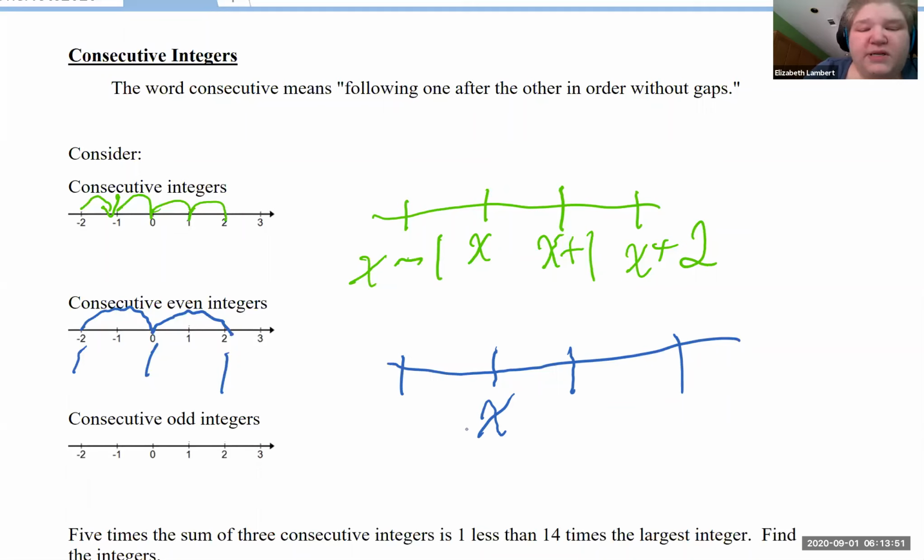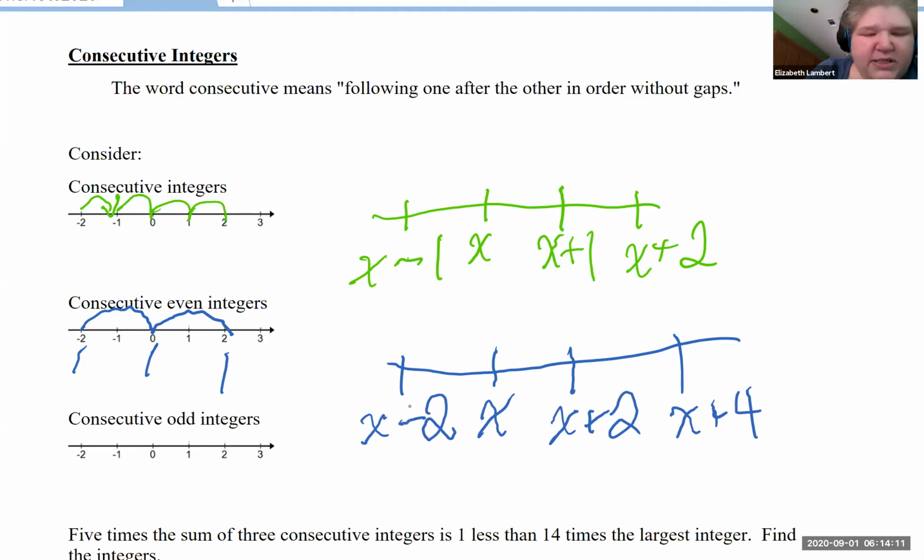Well, if this is an even integer, how do I get to the next even integer? Like from 0 to 2, we add 2. And then if I go to the next, 2 and 2, this is x plus 4 now. And if I wanted the one before, it would be x minus 2.